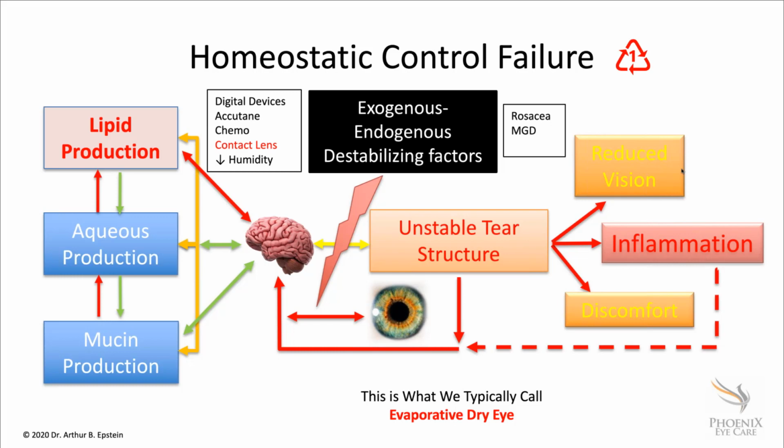It starts out generally from something endogenous or exogenous. It could be something intrinsic to the patient, like meibomian gland dysfunction, which could be due to excessive computer work, or it could be rosacea. Digital devices, obviously; the iPhone is about a dozen years old. That definitely didn't help. Accutane kills glands. Chemotherapy kills glands.